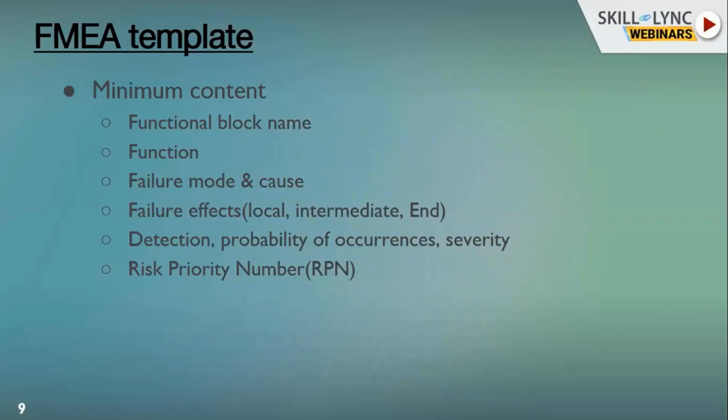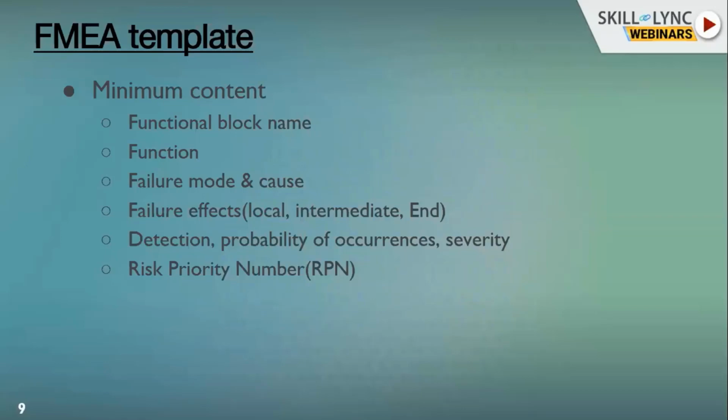And then, since you don't know the design completely, to identify the failure mode and cause, you have to bring in your designer and discuss with each item how it can fail.